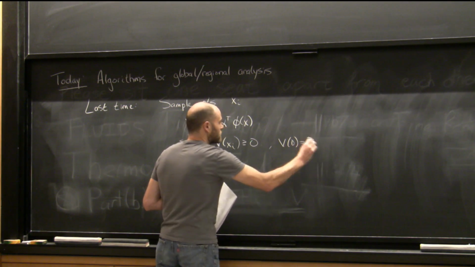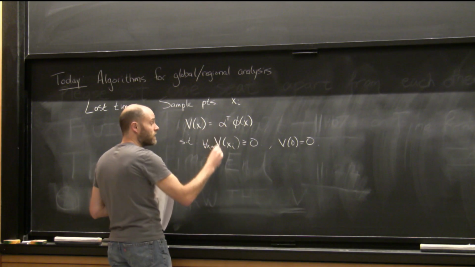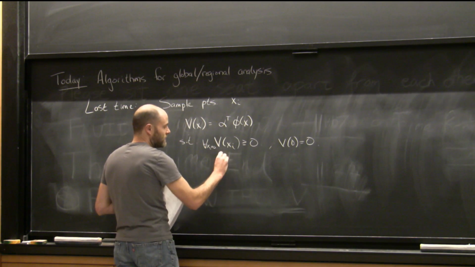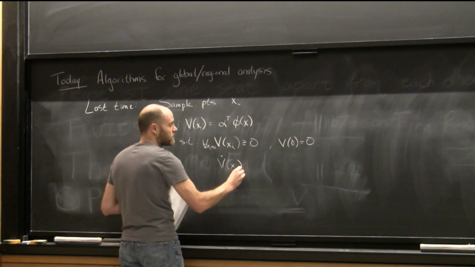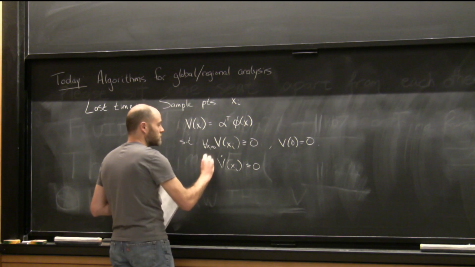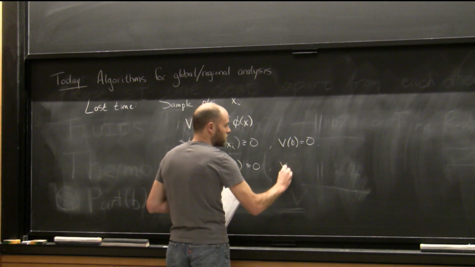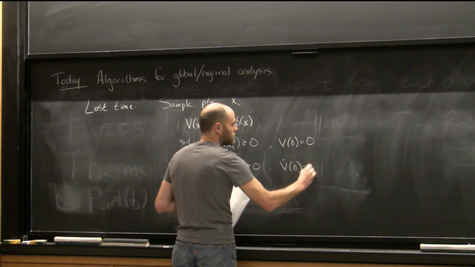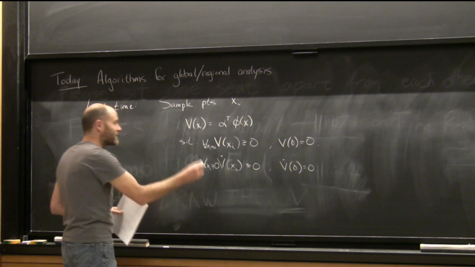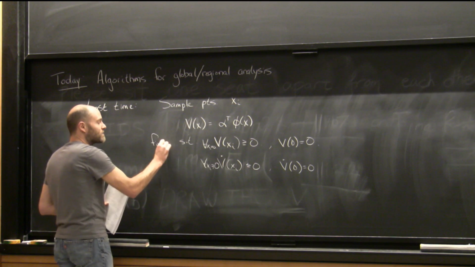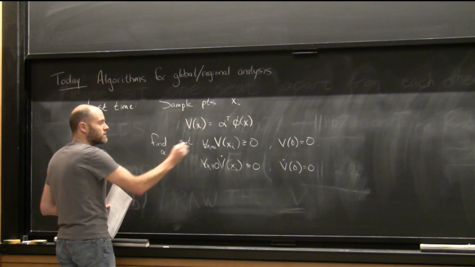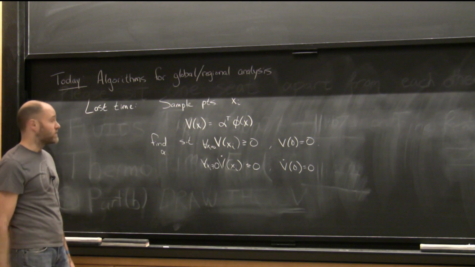V of 0 equals 0. And I could say V dot of xi is less than or equal to 0 for all xi not equal to 0. V dot of 0 equals 0. And I could write an optimization to say find alpha subject to those conditions.